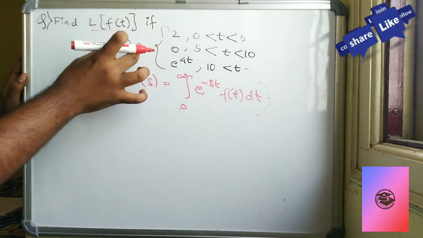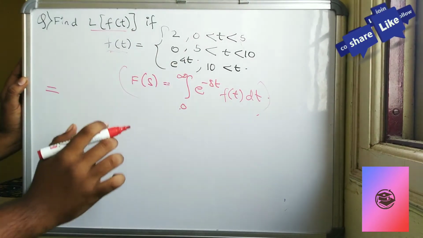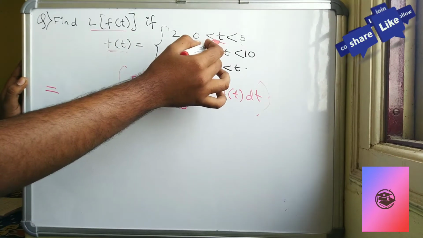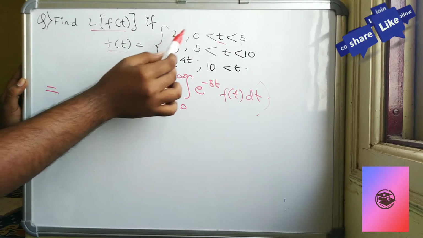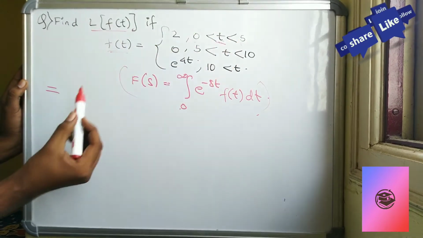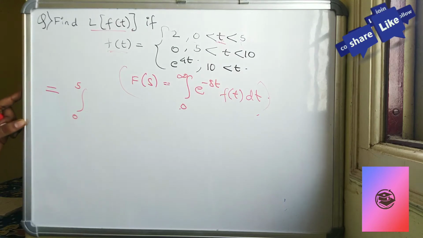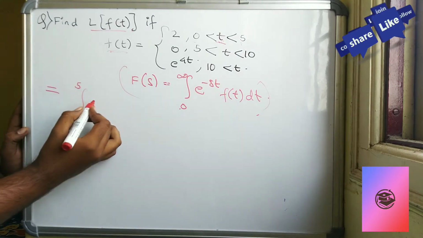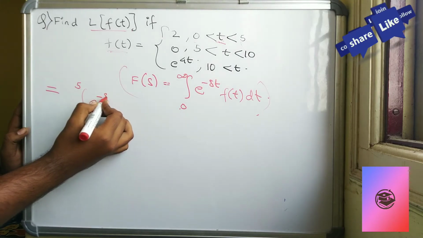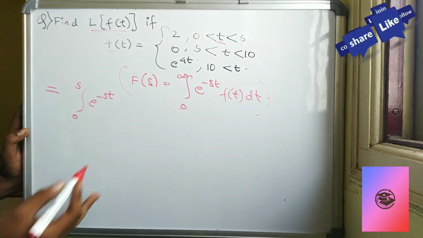Now this f of t is distributed in 3 ways. Here you can observe, f of t will be 2 when t lies between 0 and 5. So first we'll take 0 to 5, e power minus st into f of t. What is the function of t here?